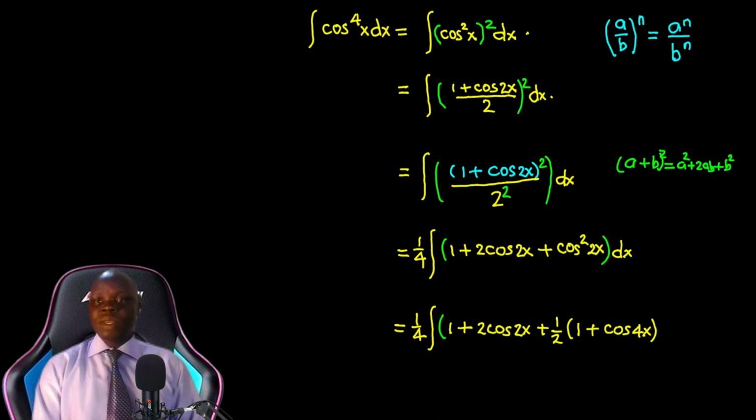Then we close up this bracket and we are integrating with respect to x, so we have dx. Now after writing this, we also need to open up that bracket.